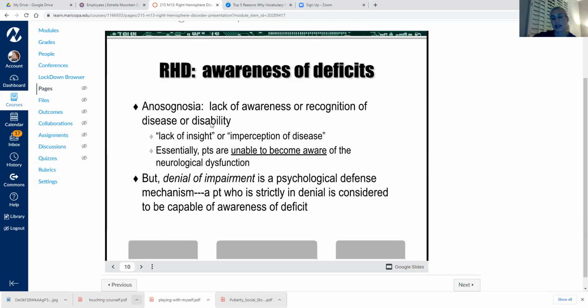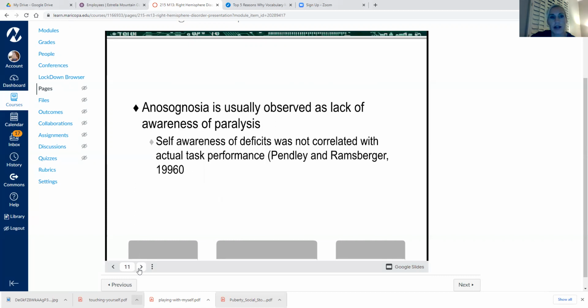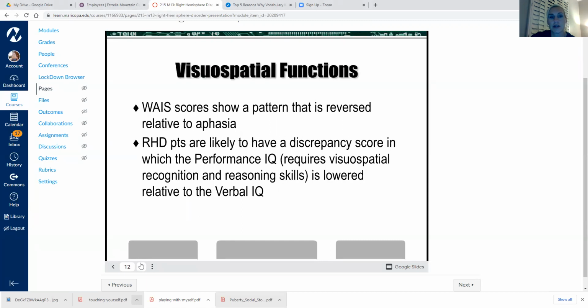They lack insight, they lack awareness that they're having difficulties. They'll deny it. They'll say, I'm doing fine. Sometimes they argue the fact that there's something going on. And it's usually observed as lack of awareness of paralysis. So sometimes we'll see some paralysis that they have issues with.